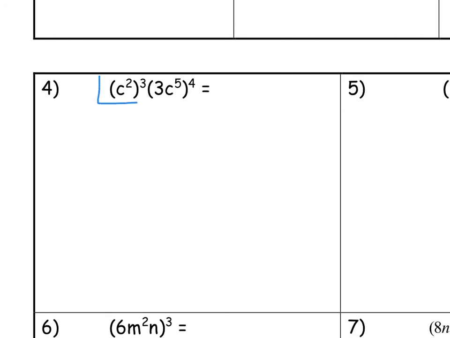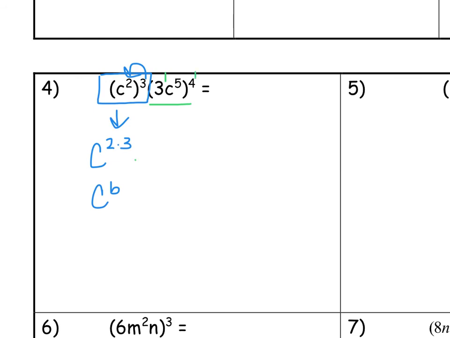We have c squared raised to the power of 3, and we have the quantity 3c to the 5th raised to the power of 4. So this one, again, we're going to multiply the power to the power. That's going to give us c to the 2 times 3, which is c to the 6th. The 3 does not have an exponent, so we want to give it a 1.